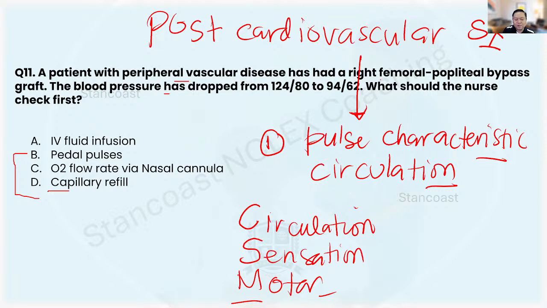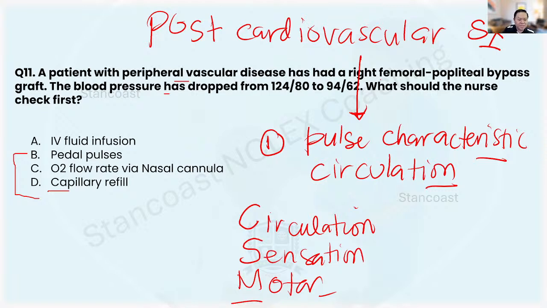So if you have a patient that may have any kind of orthopedic type of procedure, or cardiovascular procedure maybe, check the CSM, the circulation, sensation, motor. If there is an impairment in any of these, it will require further investigation, okay? Because the circulation might be impeded because of maybe an edema. So that's something that we need to look at more, okay?